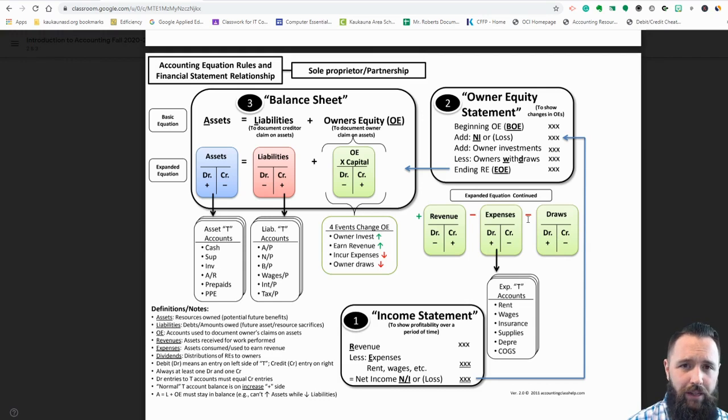But they don't follow that same rule because we need to decrease our equity accounts, which would be capital here, and to decrease it, we need to debit it. In order to decrease it, that means that we'd have to increase expenses and draws, and to do that, we need to debit them. So it's like we need to do one thing to expenses and draws to affect our capital.